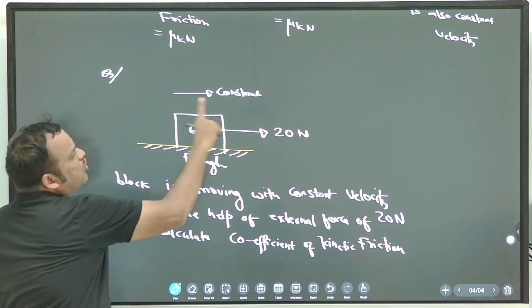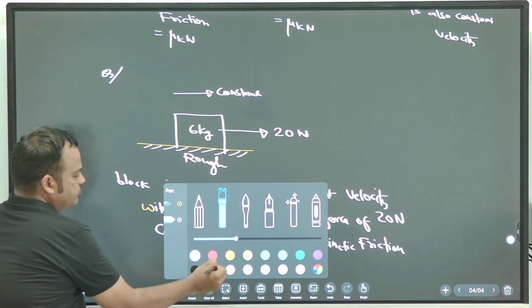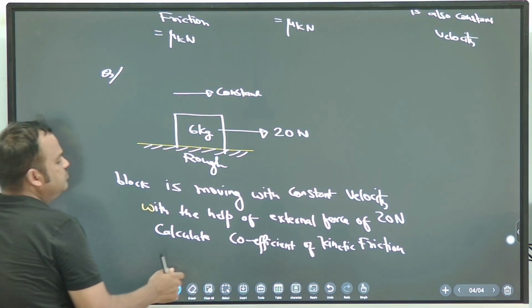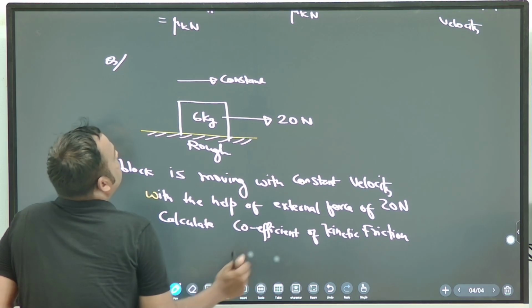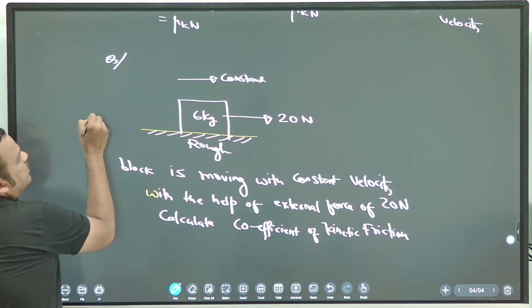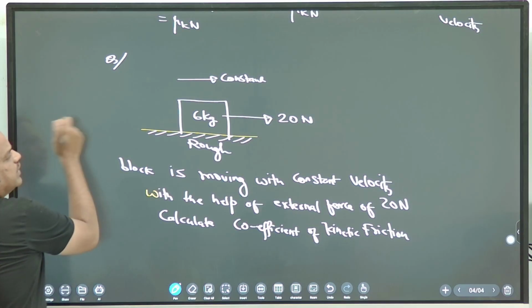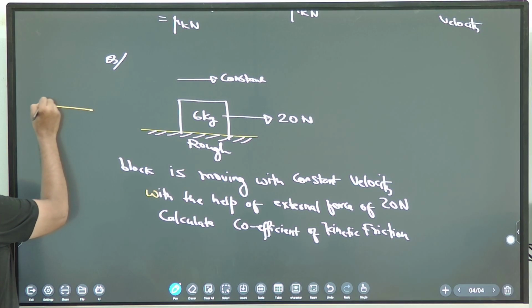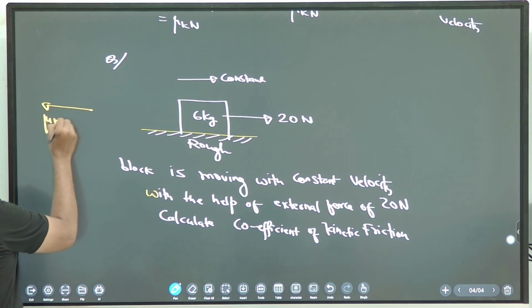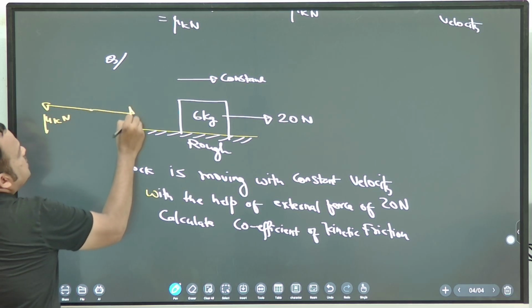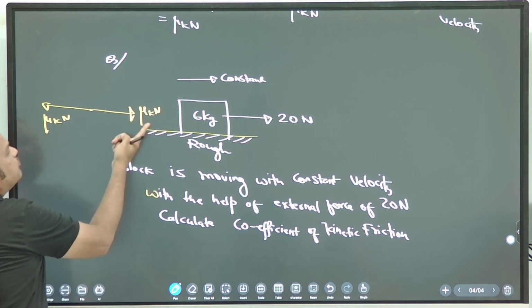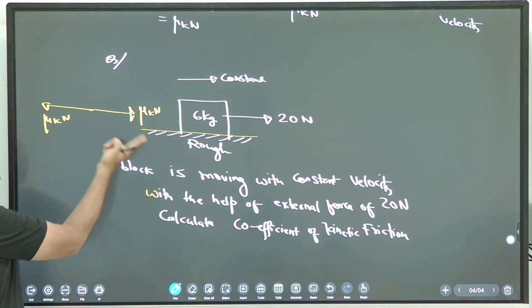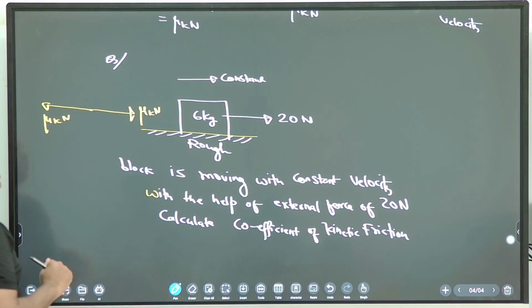It is going with constant velocity. So how much is kinetic friction? Mu k n. And how much is external force? Mu k n. External force and friction both are same, equal.